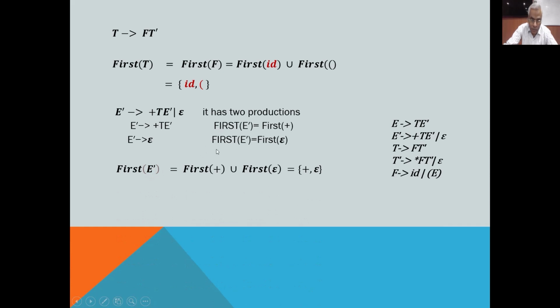If we combine these two results, first of E dash equal to first of plus union first of null, and plus and null are both terminals, so first of plus gives us plus and this rule gives us null. So the first of E dash becomes plus and null.